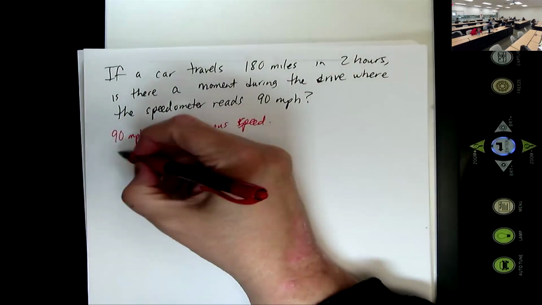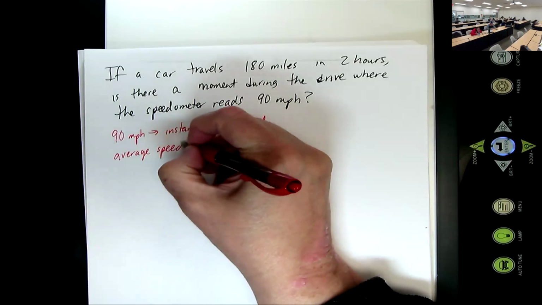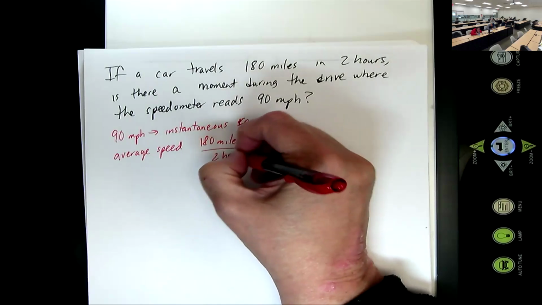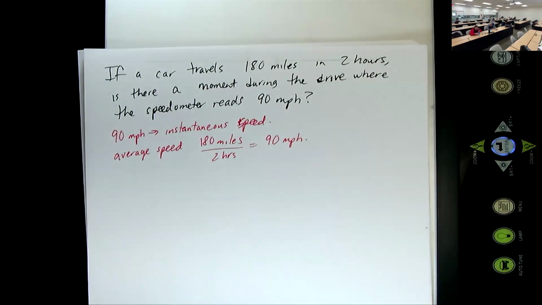I can find the average speed of the drive. It's 180 over 2, right? Which is 90 miles per hour also.